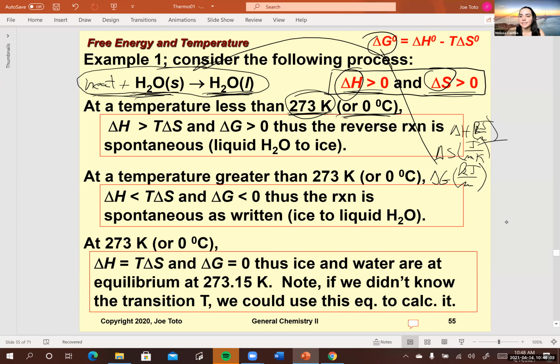Water would freeze. This is awesome, you guys. Neither one, right? It's right at the transition temperature. So one is not preferred over the other. You're right at the freezing point. So isn't that equilibrium?